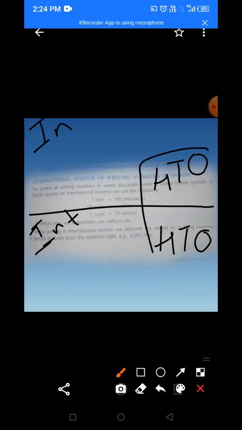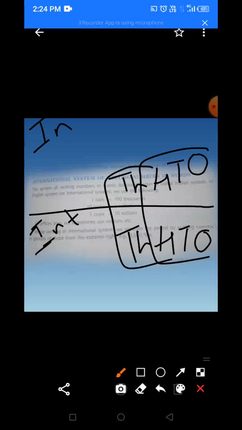Okay, so for ones we both write ones. Then for tens it is the same, then 100 it is the same. So all this part is the same. Okay children. Now if we look at thousand, here also it is 1,000. So this is also the same. Again, what will we look at here?